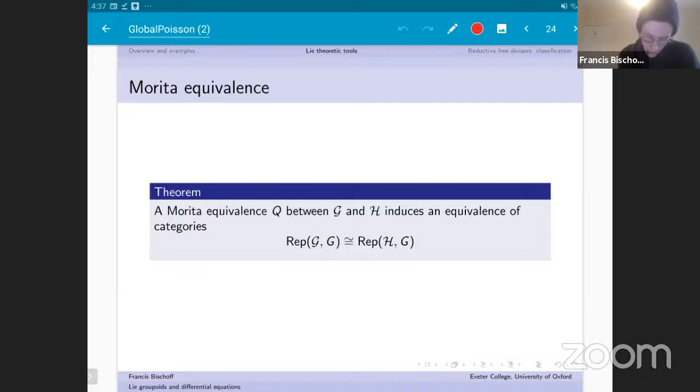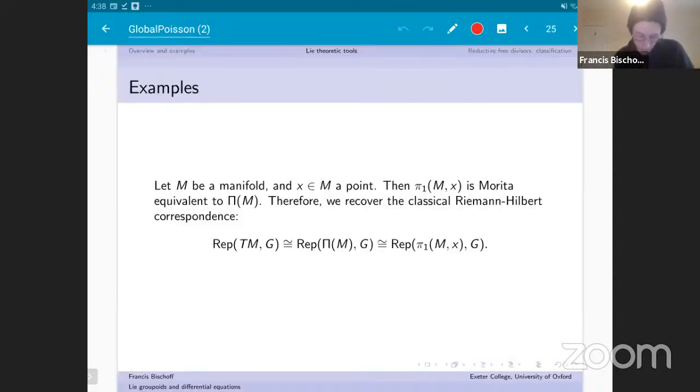So this can be useful because maybe we're interested in the representations of G, which is intractable, but we can replace it with a Morita equivalent groupoid, which is a little bit easier to handle. So the canonical example of this is the case of the fundamental groupoid of a manifold.